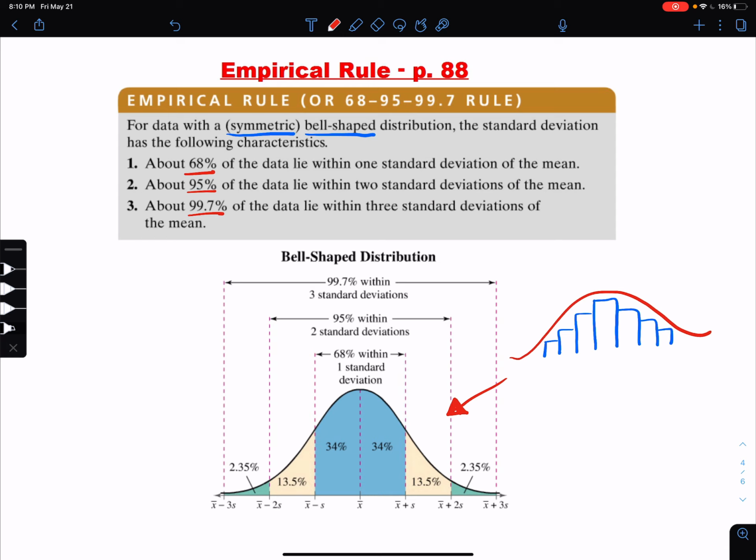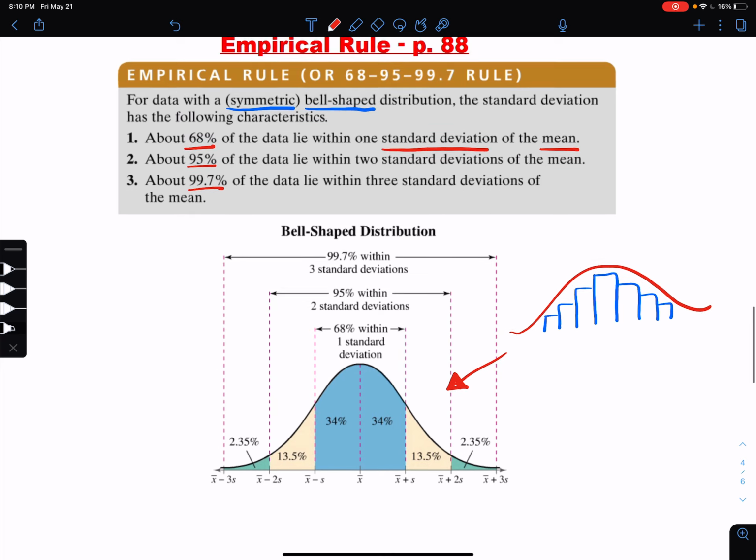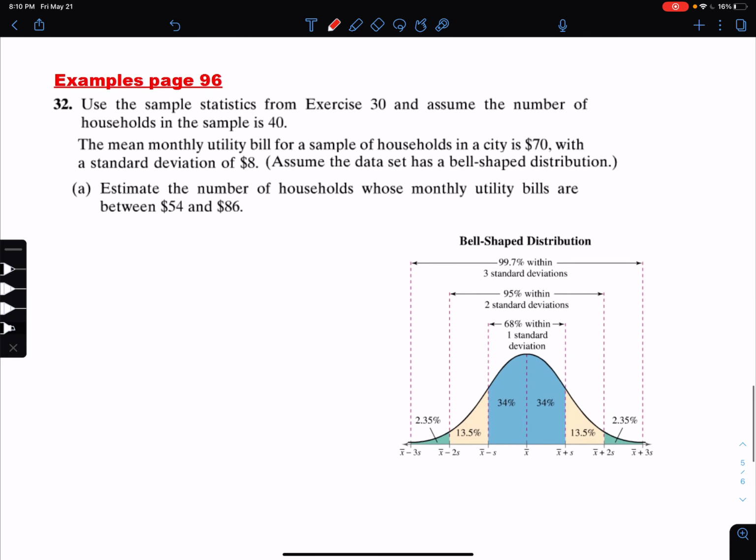These percentages have already been determined, and you can use them just like you would use the information that you pull from a formula. All you have to do to apply this is figure out what these intervals look like based on your standard deviation and your mean. Okay, so let me give you an example of what these intervals are going to look like.